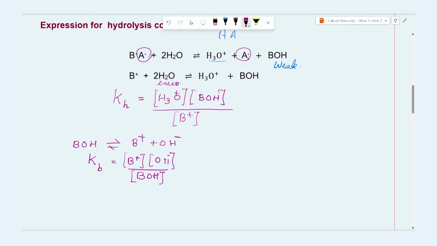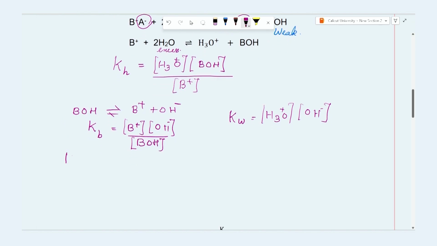That is for Kb. Now, we all know that Kw of water is equal to the concentration of H3O plus into the concentration of OH minus. Now, what I am going to do is divide Kw by Kb.